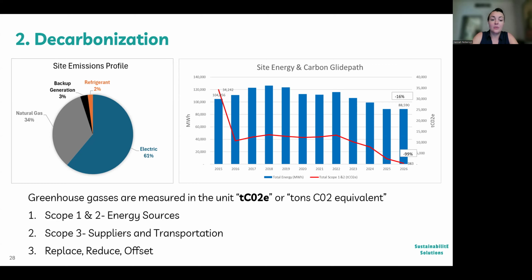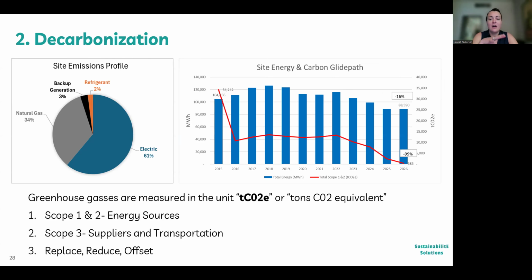And then you're going to offset any final remaining carbon emissions. It's very hard to get to a true net zero footprint or true carbon zero footprint at an industrial facility, and that's where that net zero comes in. So you may still have a few residual emissions, but you're offsetting that, so it's a net zero number.